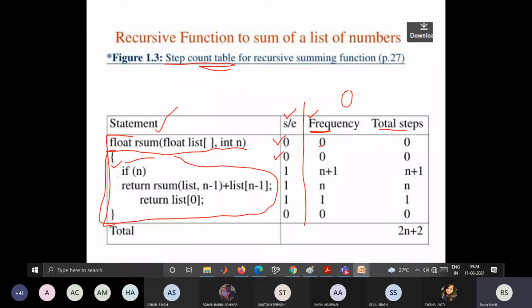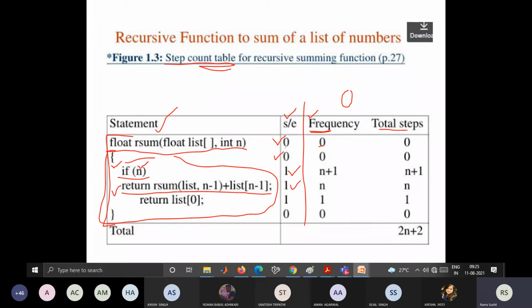Now if the statement comes, if n is true, n is false, or n is equal to 1. If there is a conditional statement, of course at a time it is going to execute one time. Then you have the statement return r sum. This statement count is also given as 1 here.